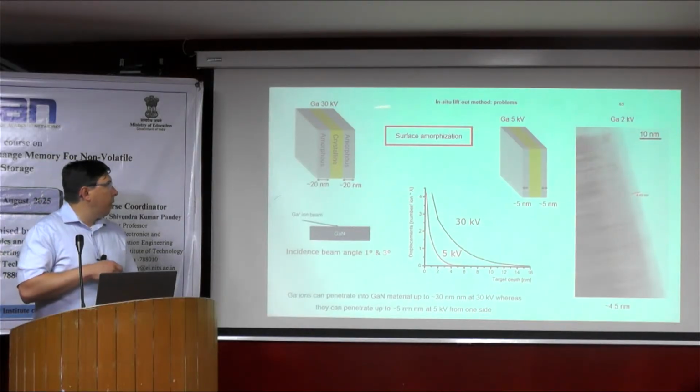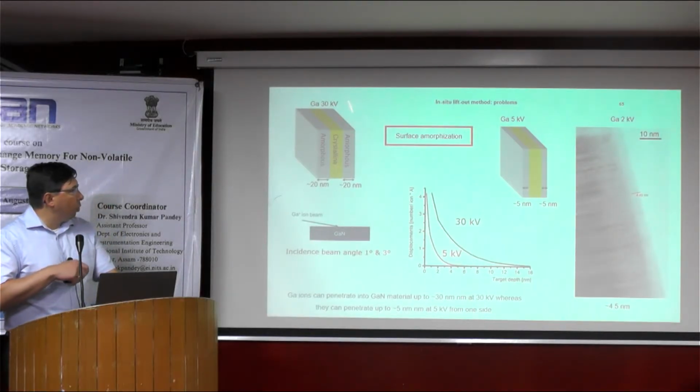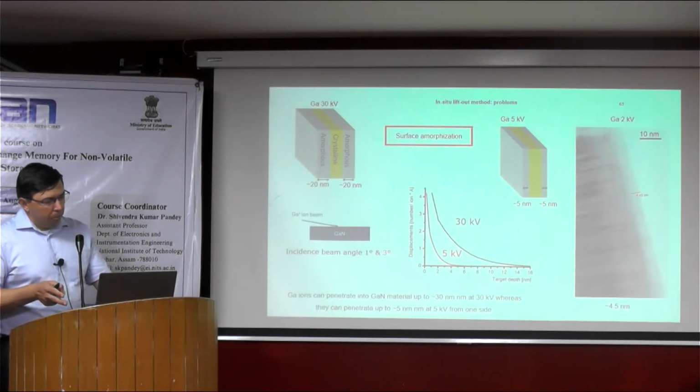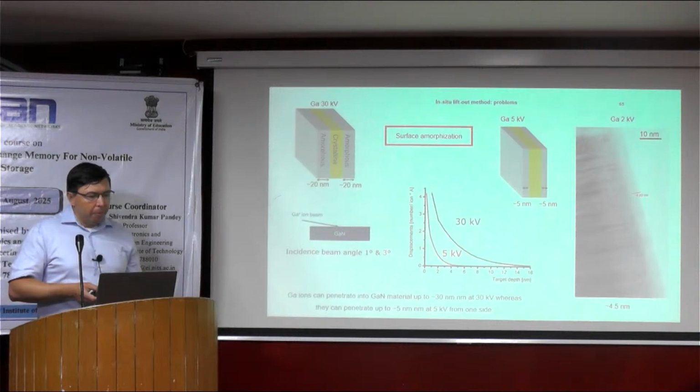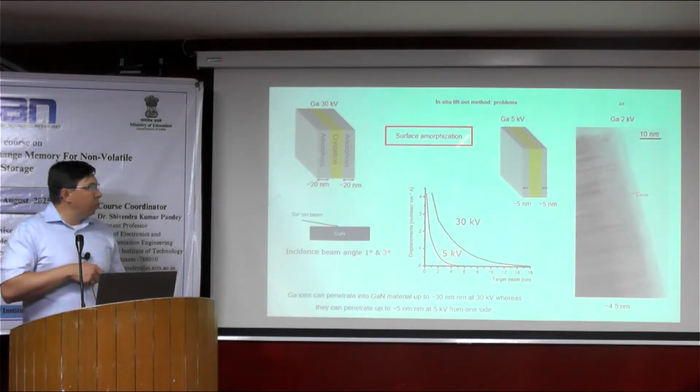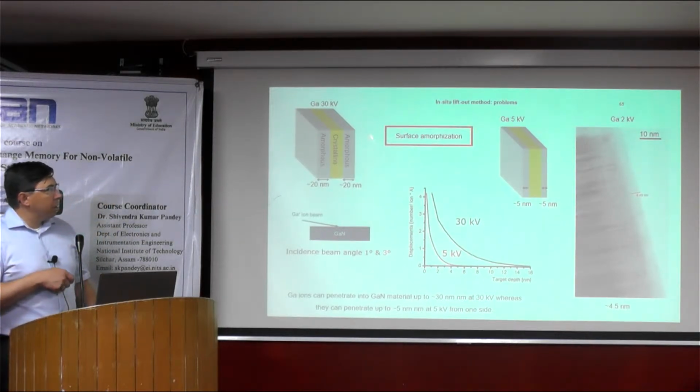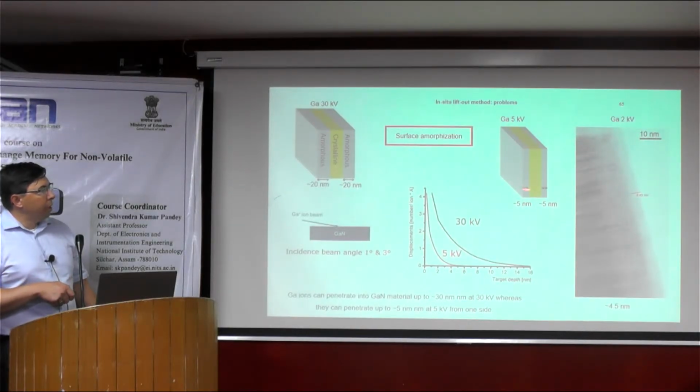If you use gallium ion beam milling, you use 30 kilovolts for cutting the wedges, and then you reduce your ion beam to 15, and then at the end to 5 kilo electron volts. Then, according to the simulation, you should have an amorphous layer with a thickness of 5 nanometers on one side.